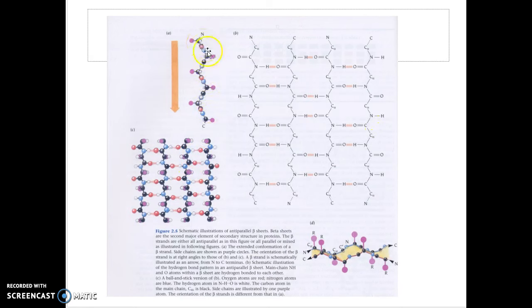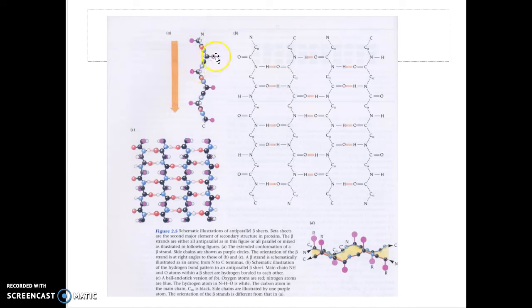This is the side view, a single main chain: peptide bond, peptide bond, peptide bond, peptide bond. You know, the other strand stacks over or below this one. Okay.